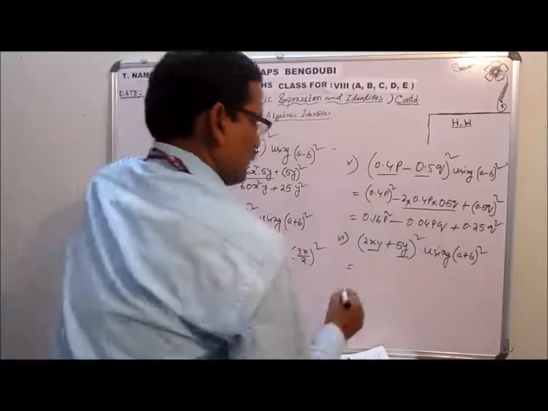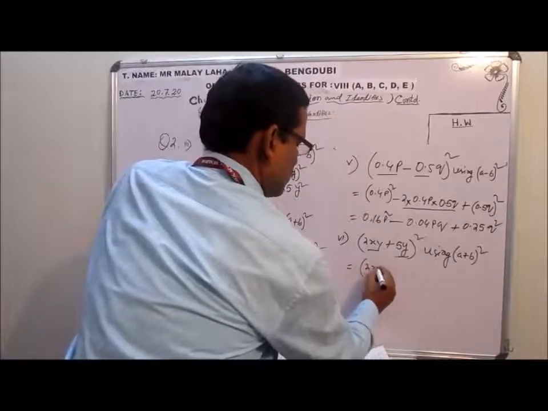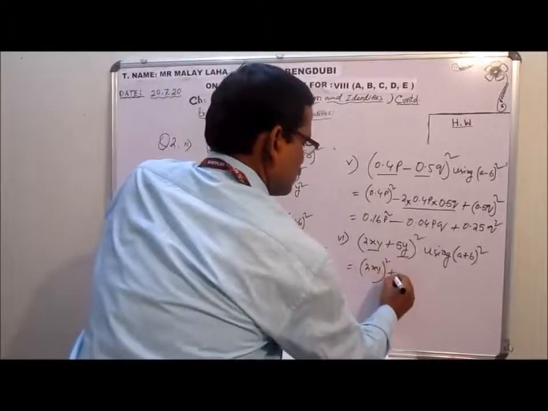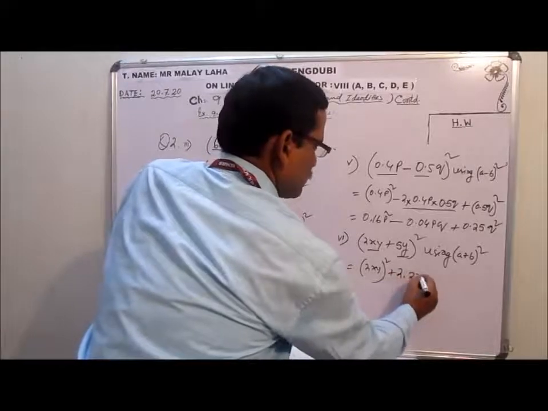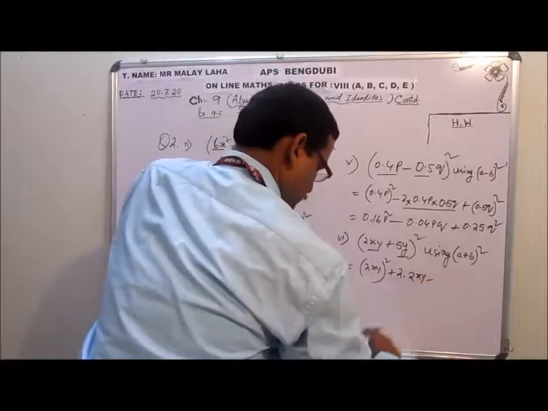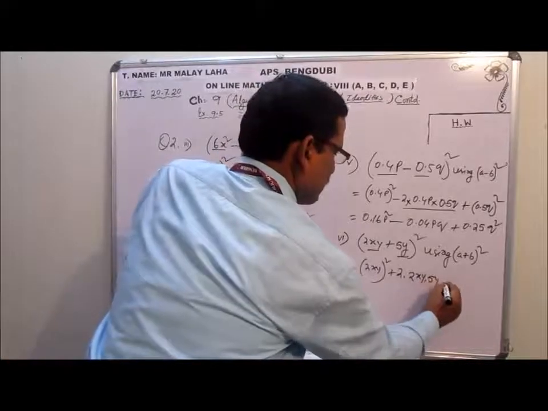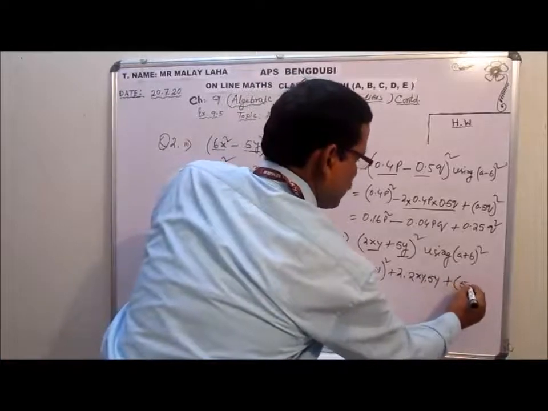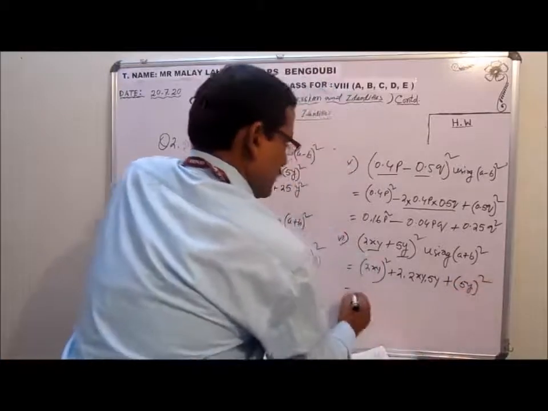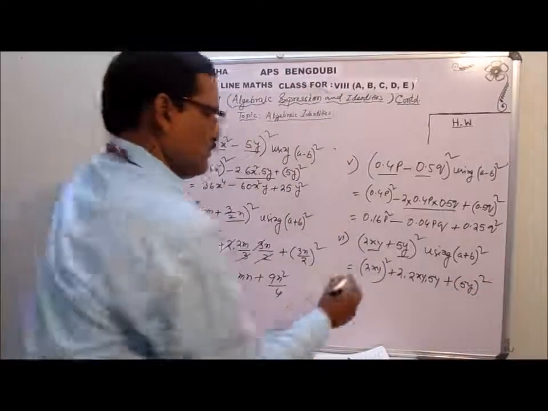Clear? So A square means (2xy) whole square, plus twice A B, that is 2 into 2xy into B, B means 5y, plus B square means (5y) whole square. Now you have to solve.